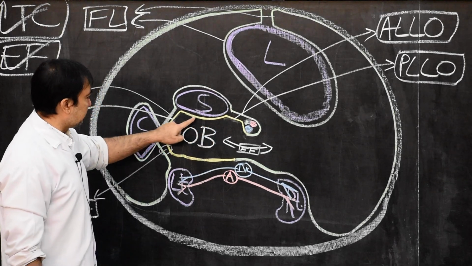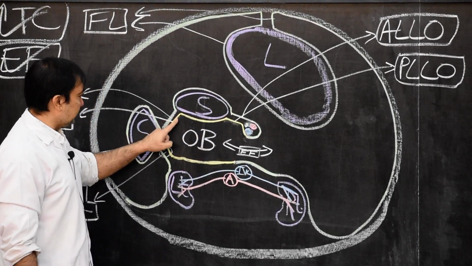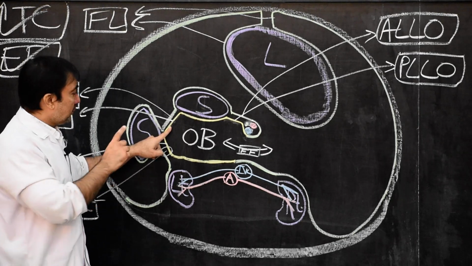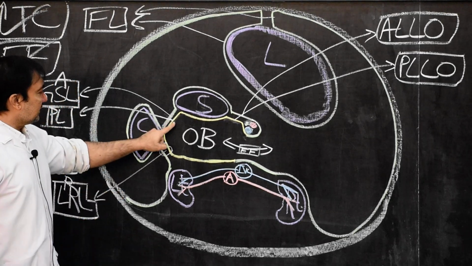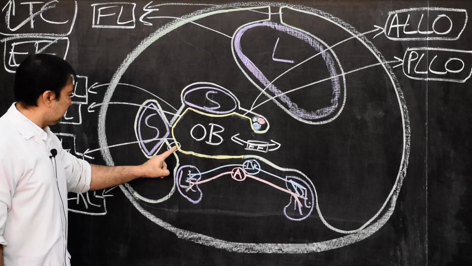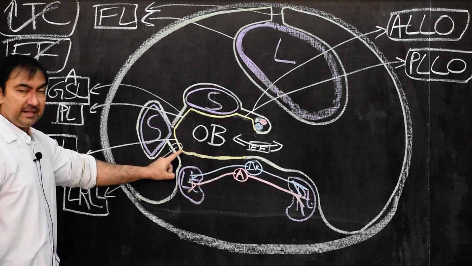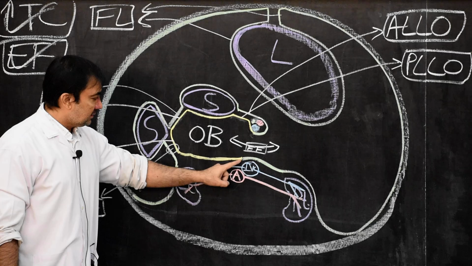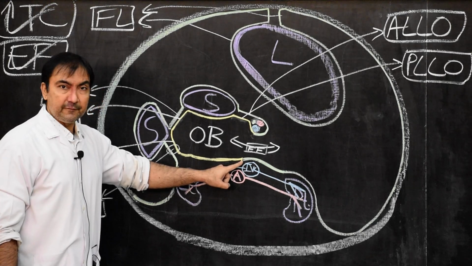From here it will cover the posterior surface of the stomach. Then it is reflected as, which layer now here? The posterior layer of gastrosplenic ligament. From the posterior layer of gastrosplenic ligament it becomes the anterior layer of lienorenal ligament, and then back again it is continuous here in front of the inferior vena cava.